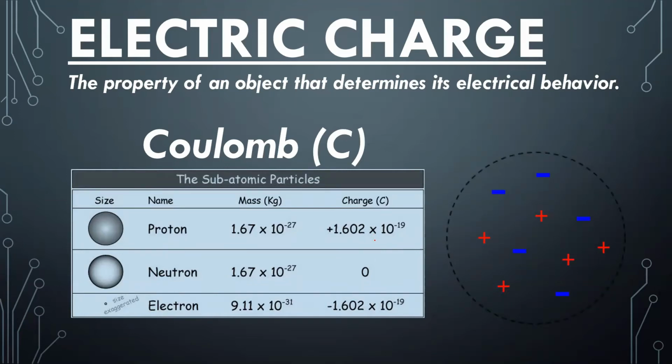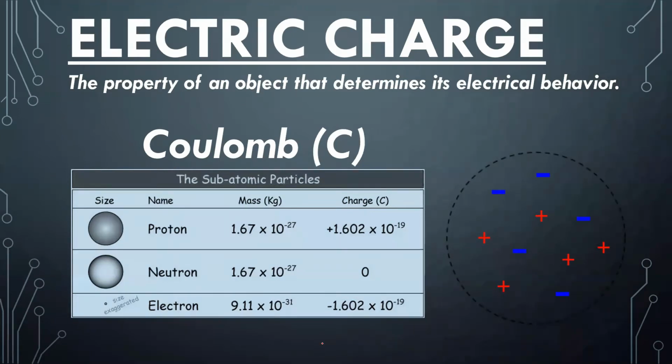And ang pinakamaliit among the three is yung electron. Electron is the smallest among the three, which has a mass of 9.11 times 10 to the power of negative 31 kilogram, and it carries a charge which is equal to 1.602 times 10 to the power of negative 19.